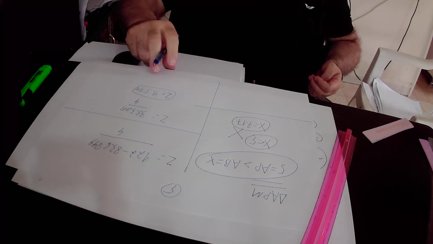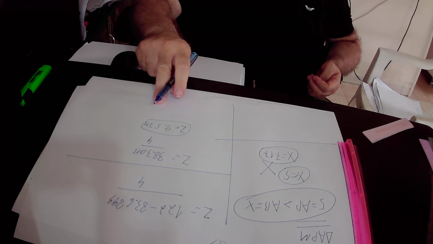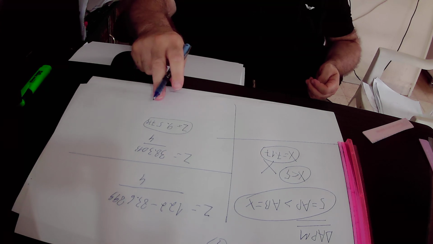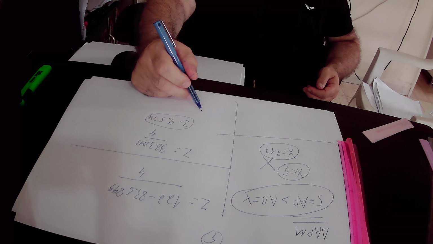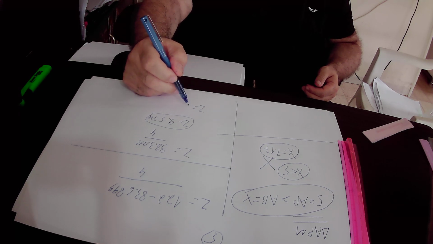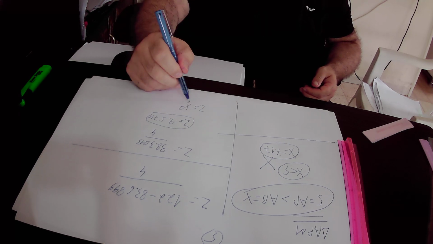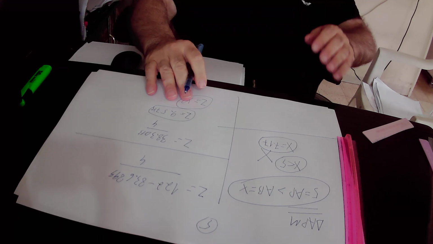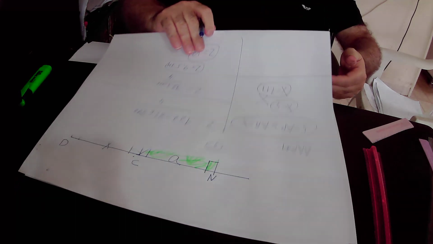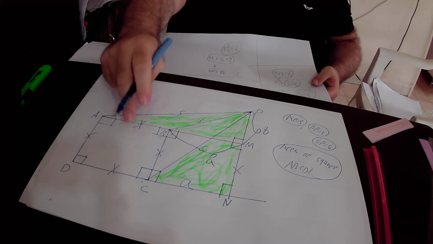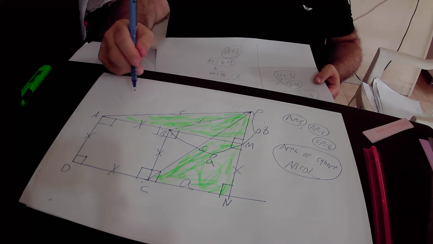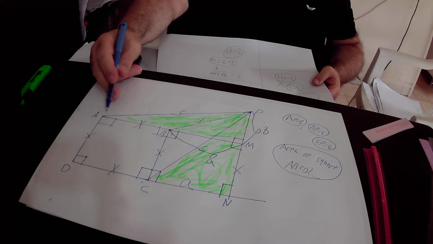Okay, so we found out that Z equals 9.5775 units, but according to our definition, Z equals x squared. And we are looking for the area of square ABCD. What is the area of square ABCD? It is equal exactly to x squared.